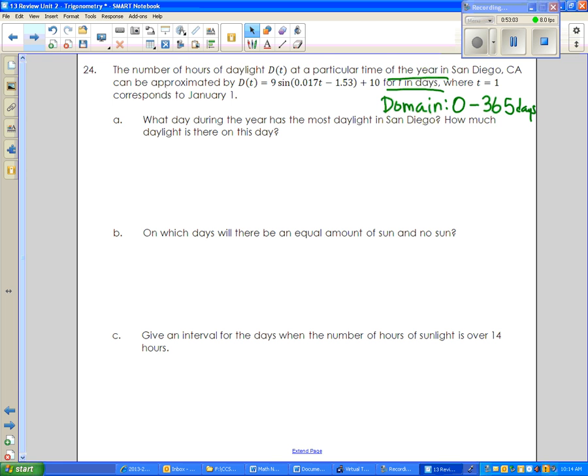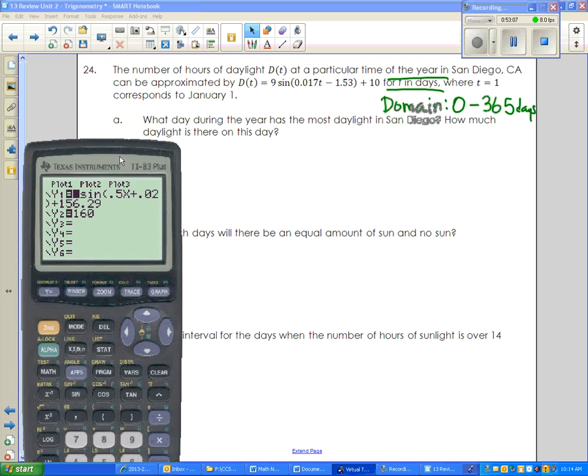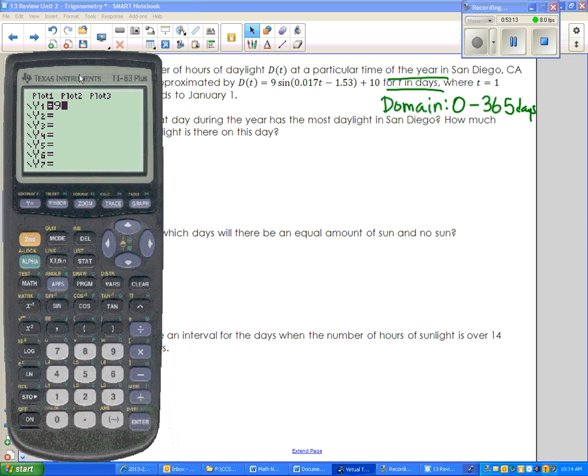And so this is another one I'm ultimately going to need to graph, so I'll go ahead and plug this into my calculator. So let me clear out what's in there. We're going to have 9 times the sine of 0.017 times x minus 1.53 plus 10.